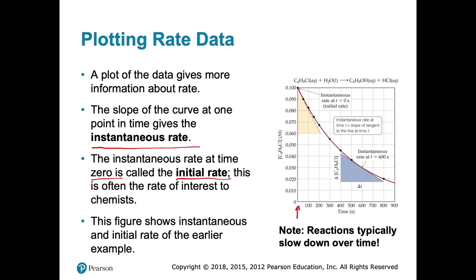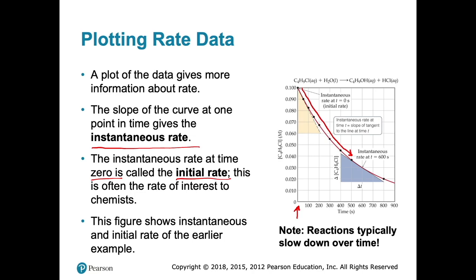As you can see on this graph, as the reaction progresses, the reaction rate slows down.